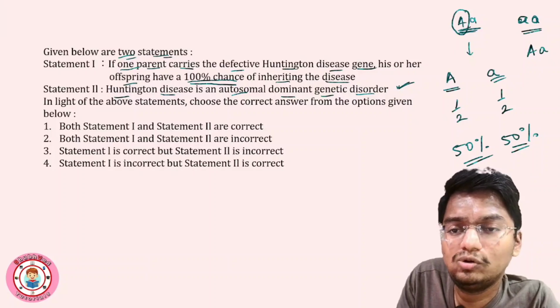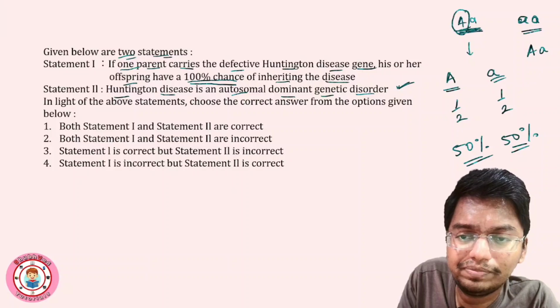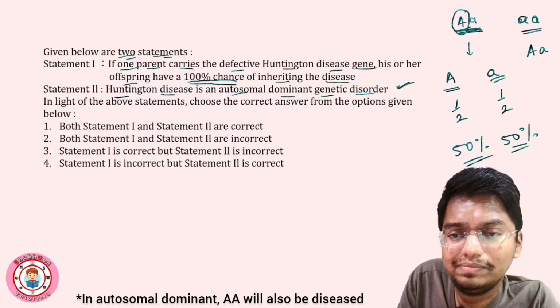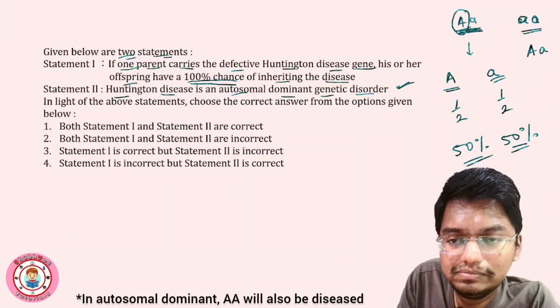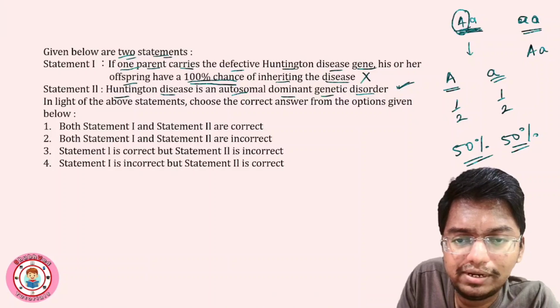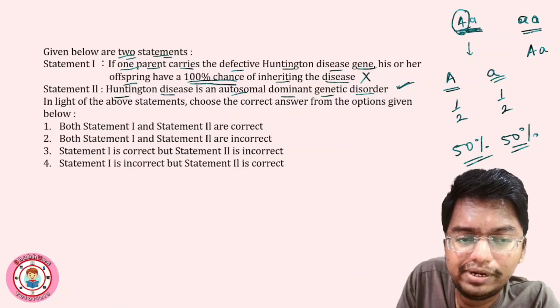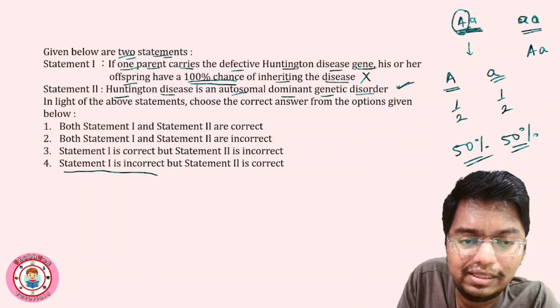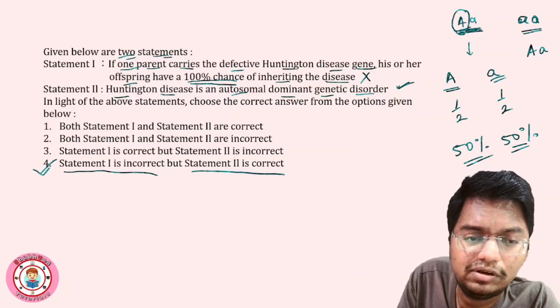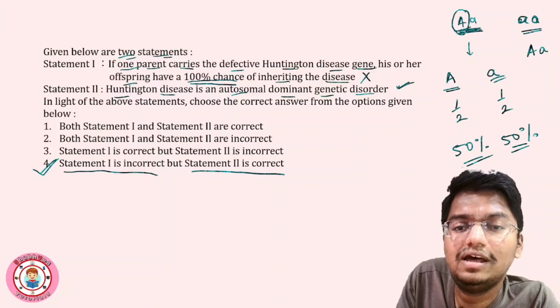But in autosomal dominant carrier नहीं होगा, disease ही होगा. Disease and carrier are same. Okay, so statement 1 is wrong, right? Statement 1 is incorrect and statement 2 is correct. Option 4 is the answer.